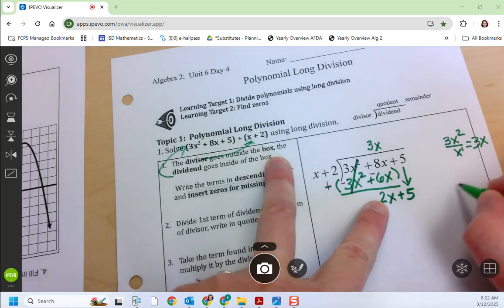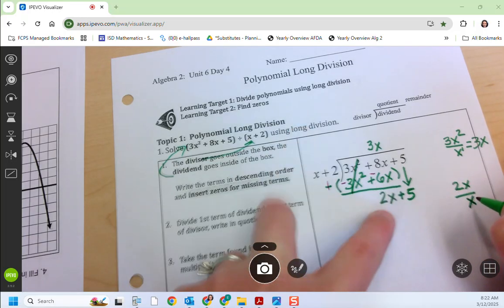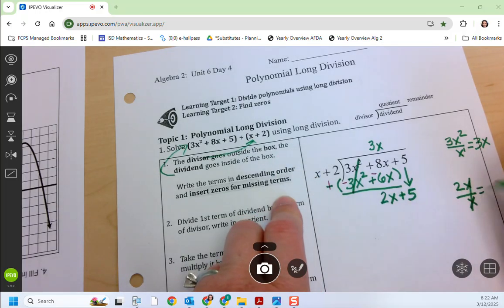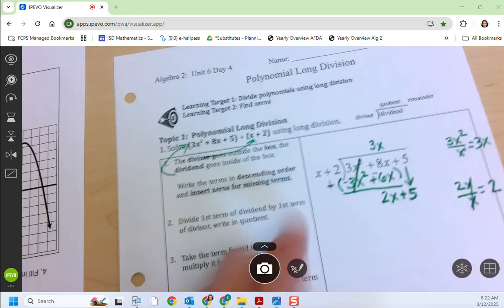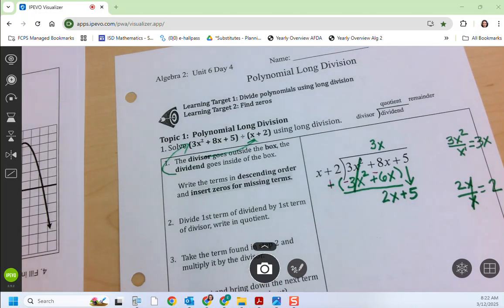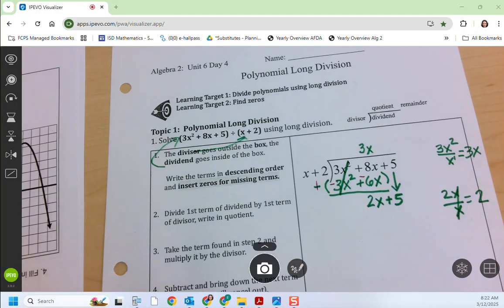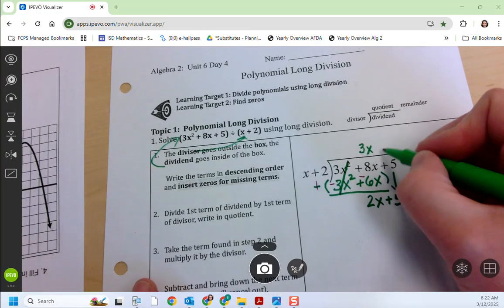So in the margin, I'm doing 2x divided by x. The x's cancel, and I just get 2. It's a positive 2, so I'm going to write plus 2 up here.